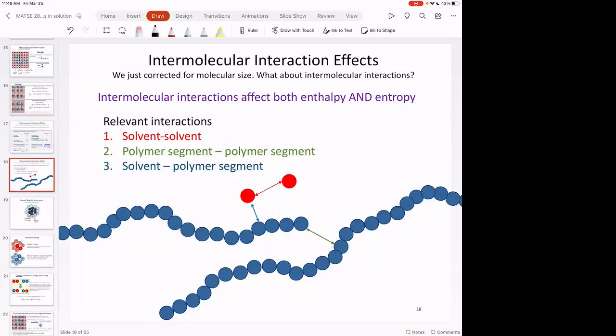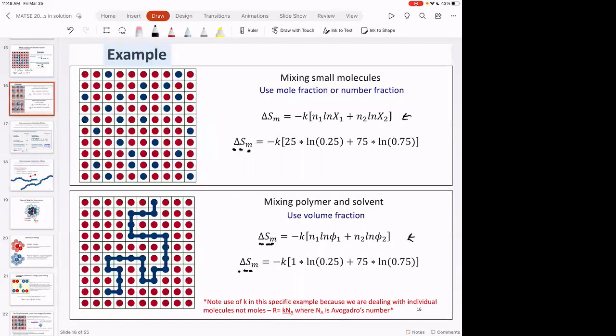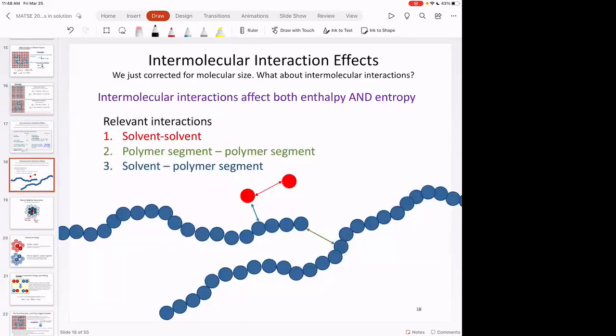So the question is, we need to figure out how to account for this. So we have an equation for delta S in mixing, right? We could just plug that into the delta G, but now we need to figure out an equation for delta H. And so we have a bunch of different types of interactions in this system.